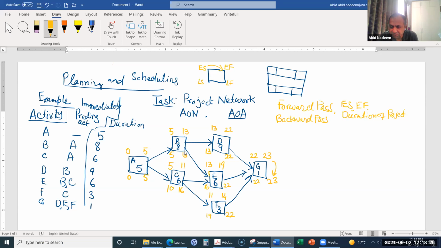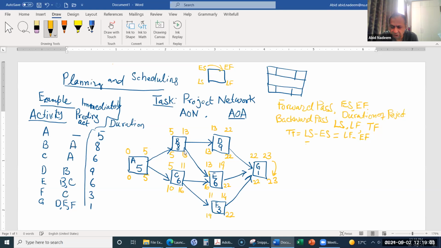So in the backward pass, we have calculated the late start time and the late finish time. And in addition, by the backward pass, we will calculate the total float of each activity. So what is the total float? Total float is the difference between the late start and early start, or it can also be calculated as the late finish minus early finish.